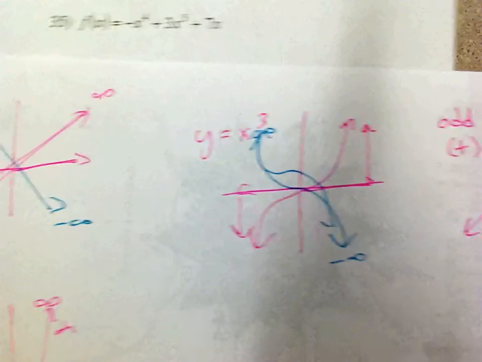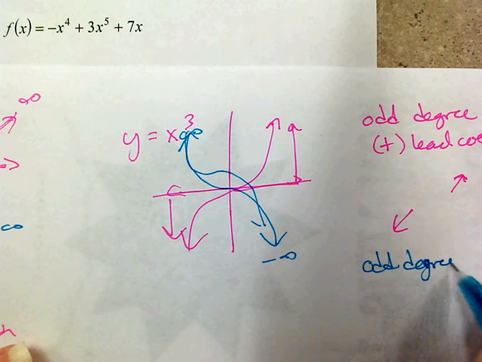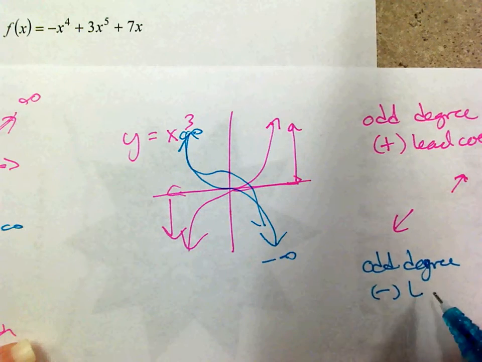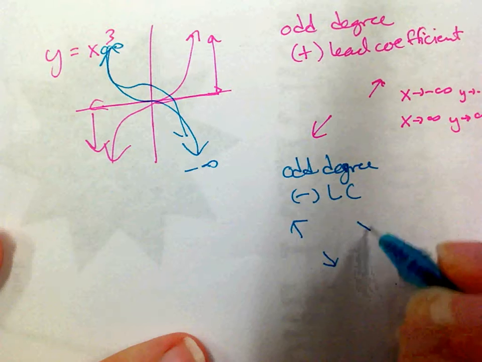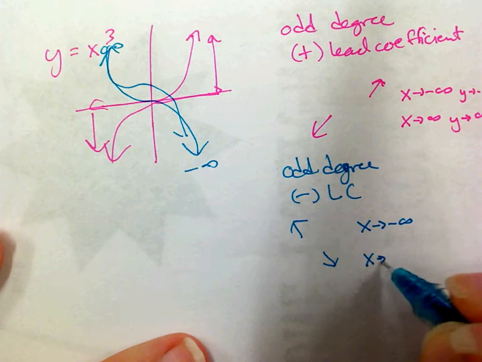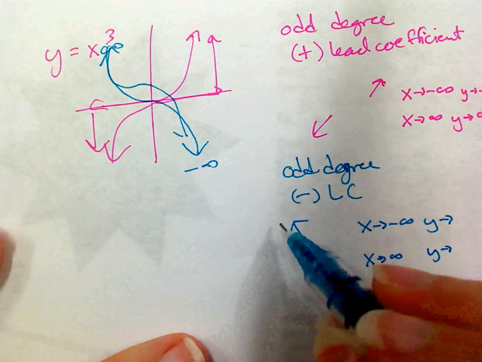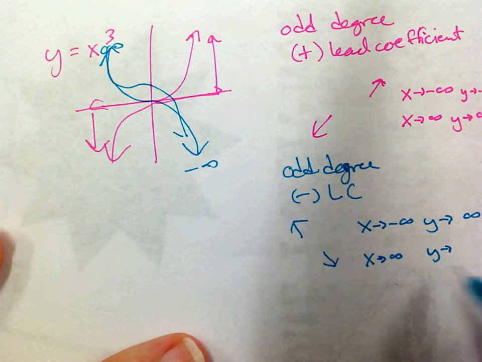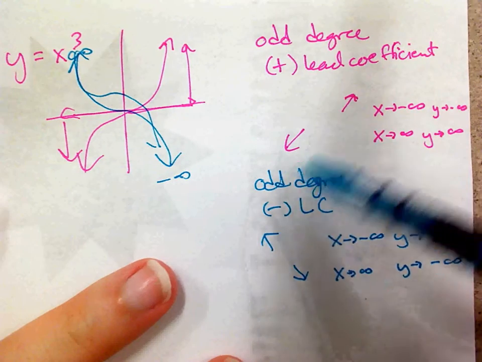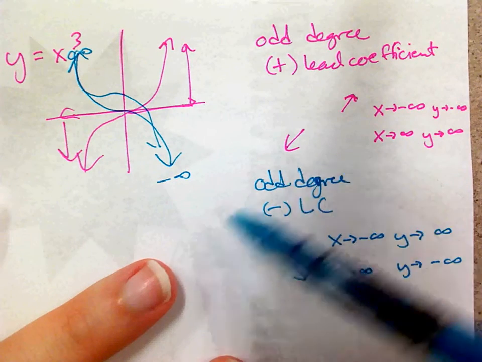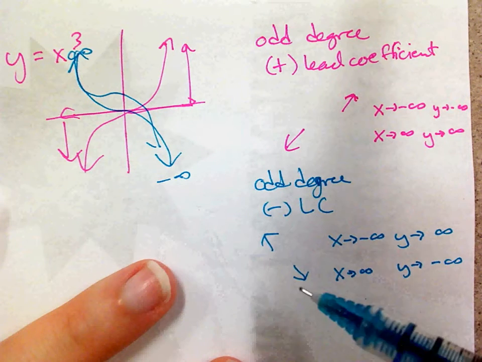So if you have an odd degree with a negative lead coefficient, then you start from above and go down, so as x goes to negative infinity, y goes to positive infinity. As x goes to positive infinity, y goes to negative infinity. So just remember, odd, opposite directions. If it's positive, you're going up, so start from down and go up. Odd but negative, that means you're going down, so you start from up and go down.